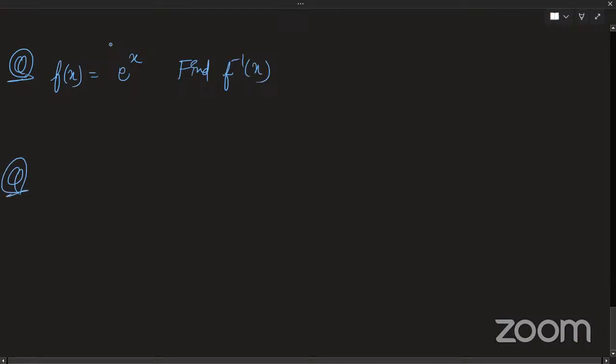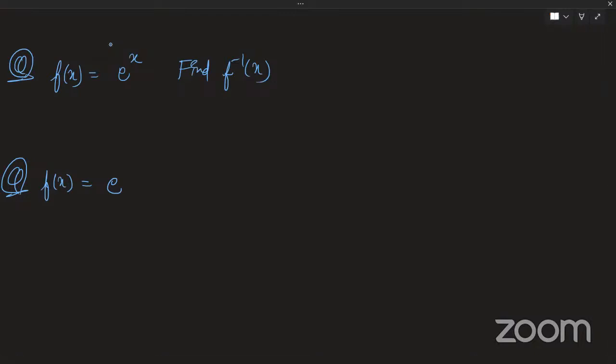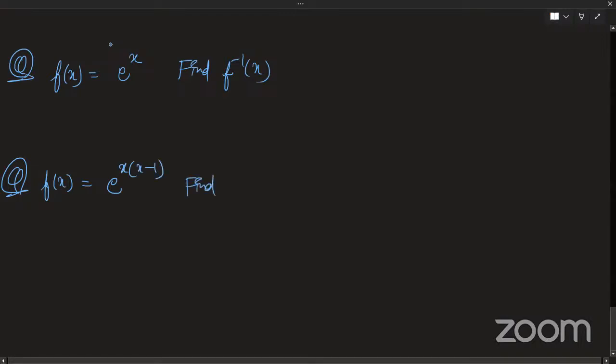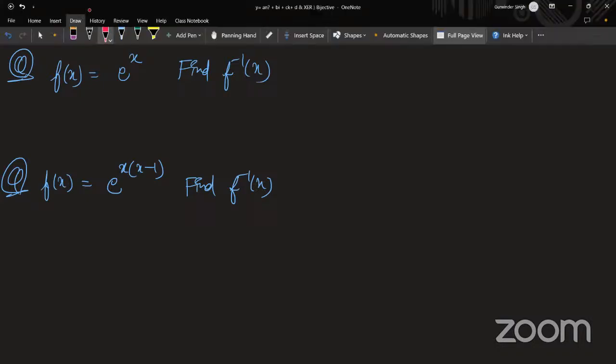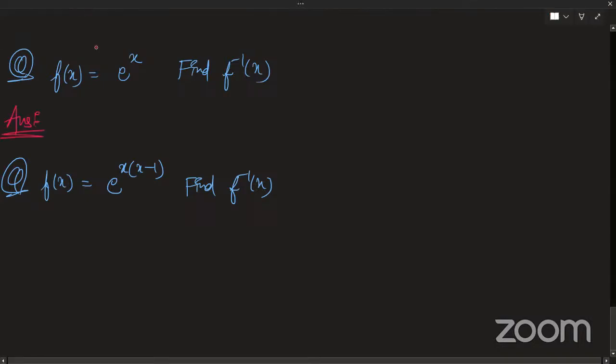Similarly, second, I have f of x is equal to e raised to x into x minus 1. So find f inverse of x. You just need to think carefully. It is nothing complex.